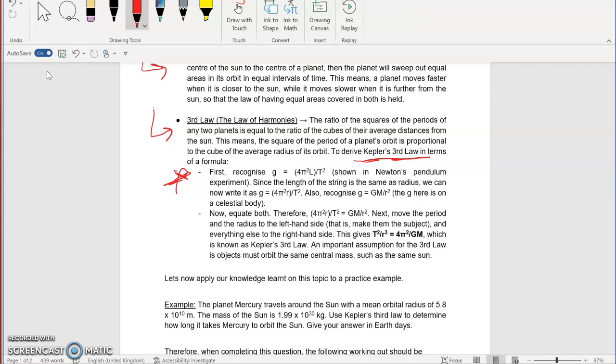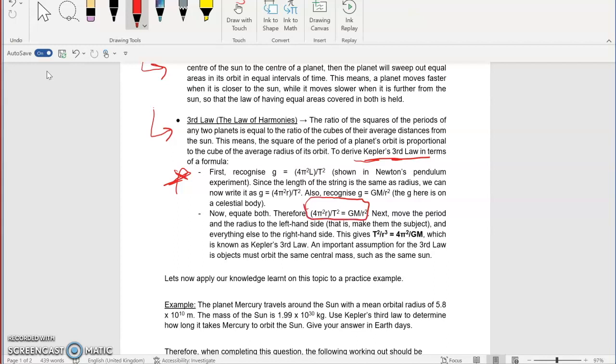Also recognize g is equal to capital G M divided by R². The g here is on a celestial body. Now we equate both. Therefore, we get this relationship when we equate both to each other.